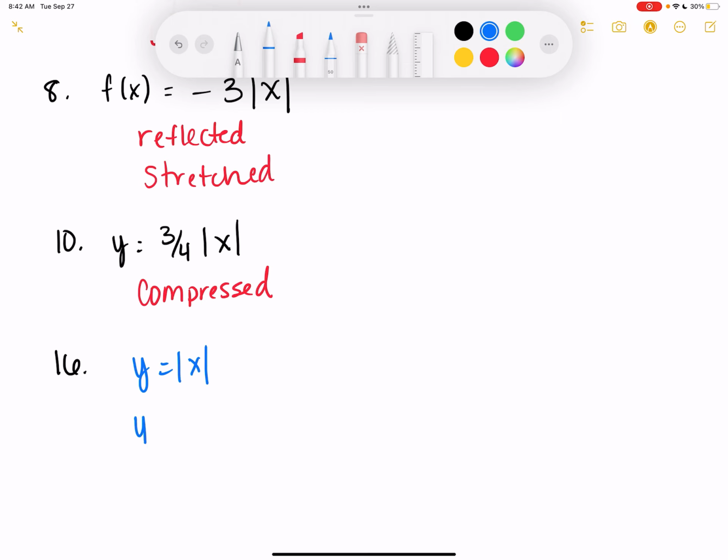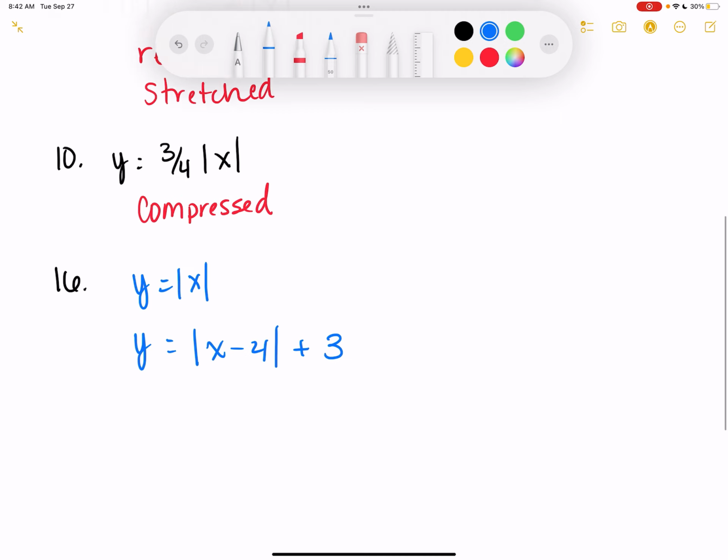Y equals the absolute value of x minus 4. And then it goes up 3, so what do we need to do to it? Do a positive 3 after that. Yep. When there's a lot of things happening, sometimes I'll do it in each individual step, but with that one, since it was just something going on the outside, I didn't need to.